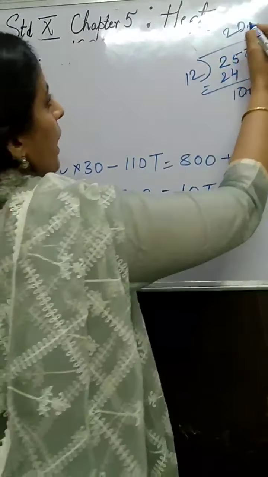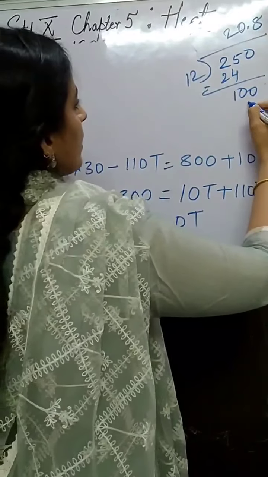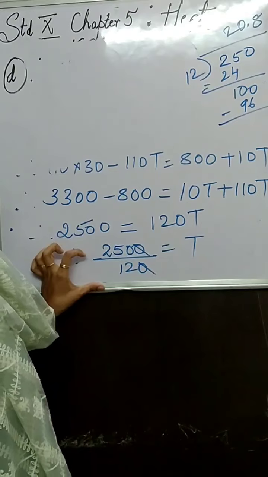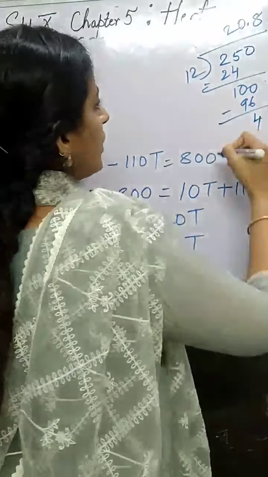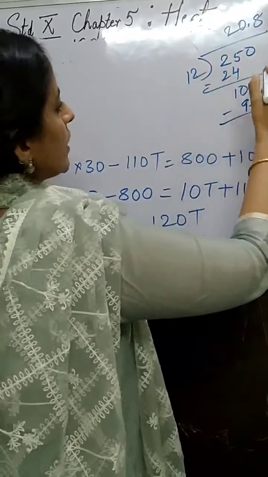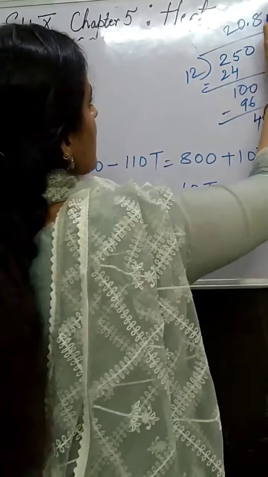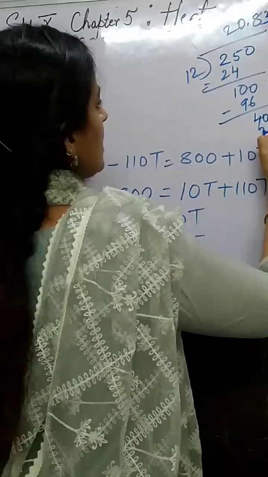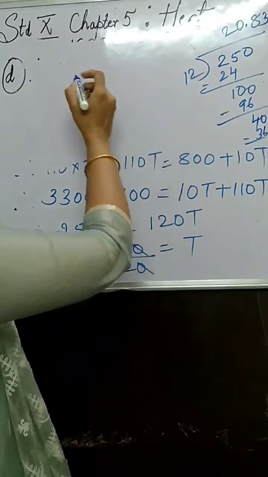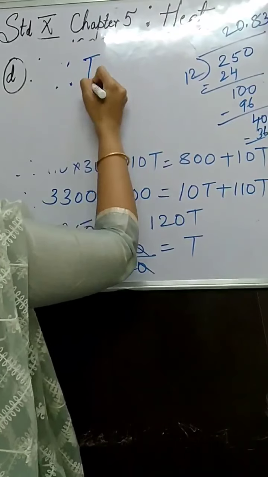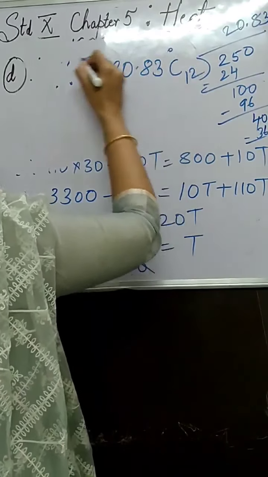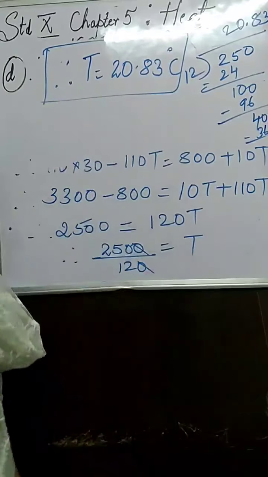Now 12, 12 8s are 96. Correct? 10 minus 6 is 4. And this will be 0. 12 3s are 36. Okay, after decimal point 2 digits you got. So we are satisfied. So therefore T is equal to 20.83 degrees Celsius is the answer.